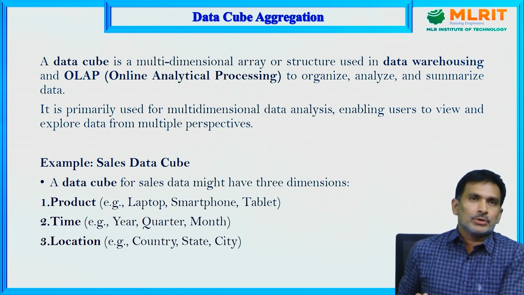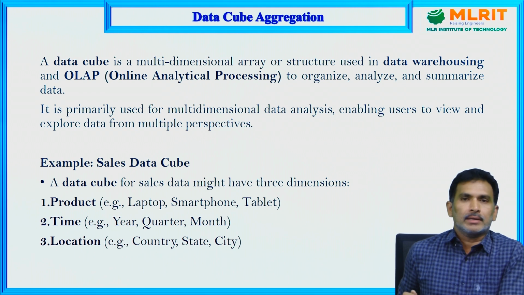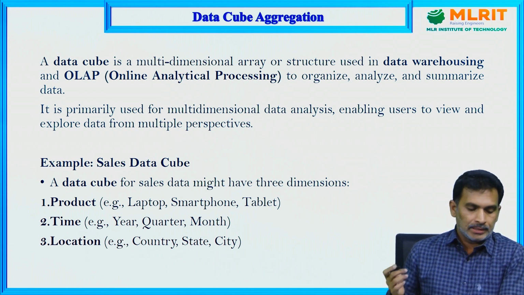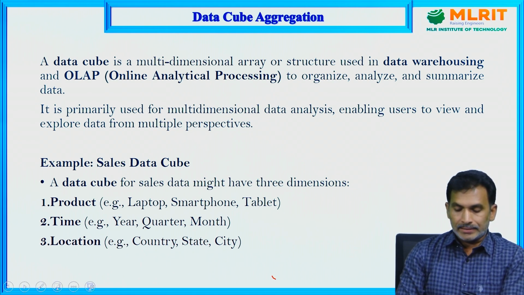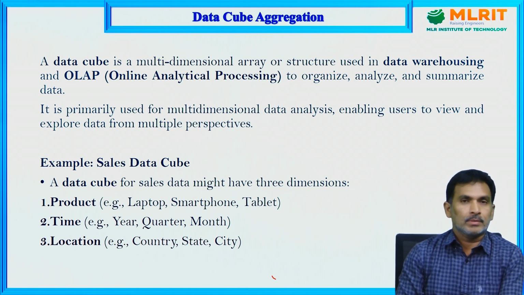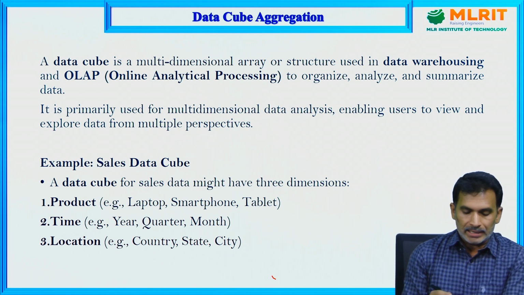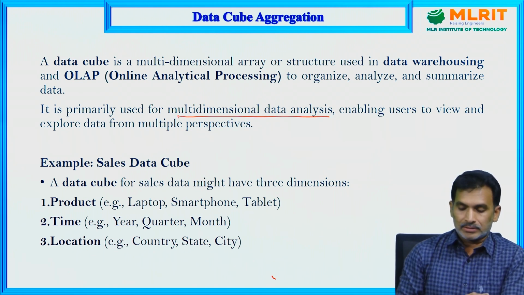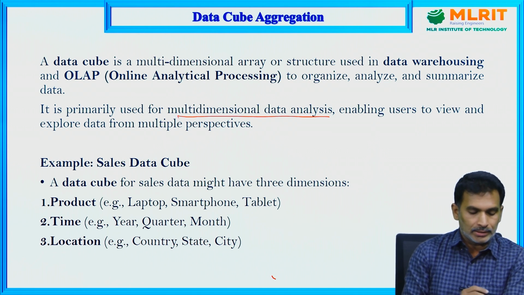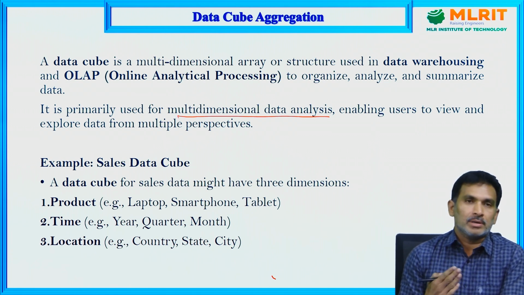A data cube is a multidimensional array or structure used in data warehousing, mainly online analytical processing, to organize, analyze and summarize the data. It is primarily used for multidimensional data analysis, which enables users to view and explore the data from multiple perspectives.